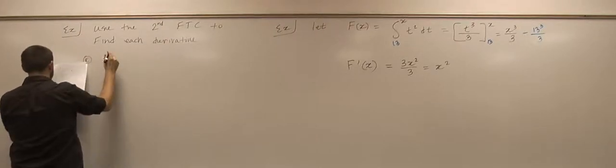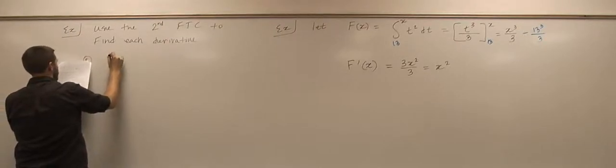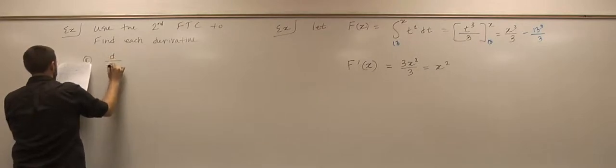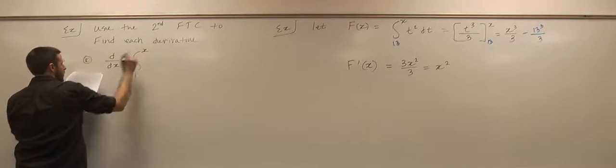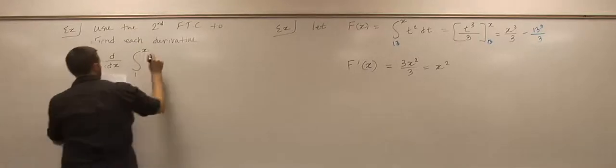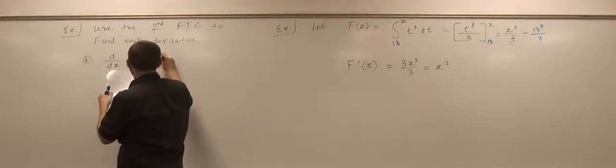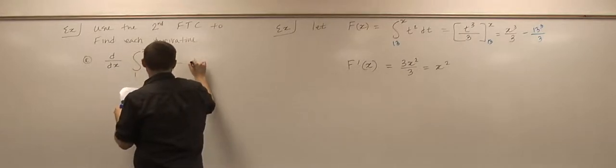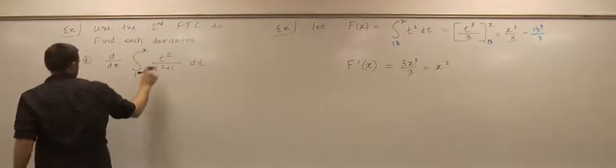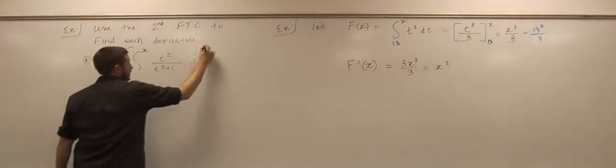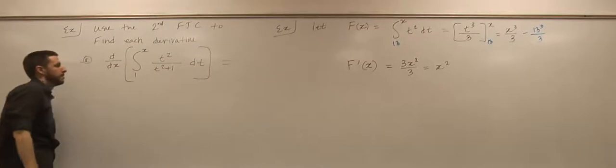I want to find the derivative of the function that is written as an integral from 1 to x of t squared over t squared plus 1 dt. So the derivative of this integral should equal what?